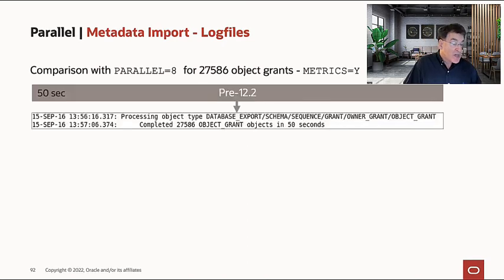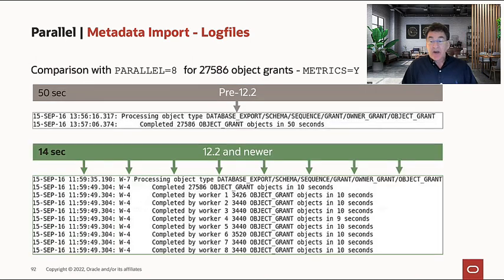Here you see that there is one worker performing all the work, taking about 50 seconds, versus parallel equals 8 on the metadata, where you get 8 parallel workers completing the task versus the single worker for pre-12.2. And notice the difference in the completion time. It's down from 50 seconds to about 14 seconds, about 5 times faster.